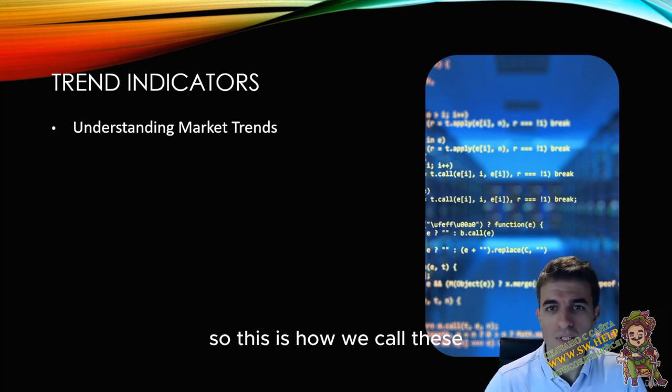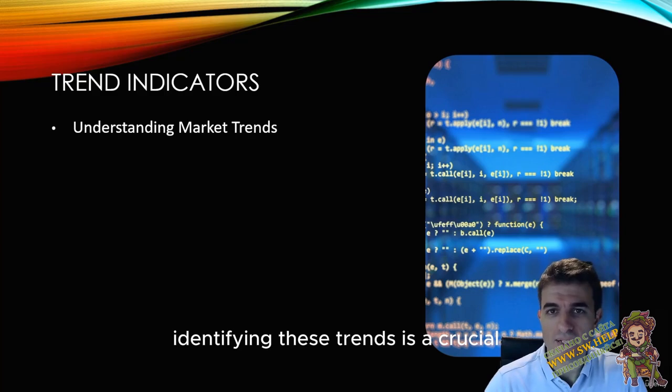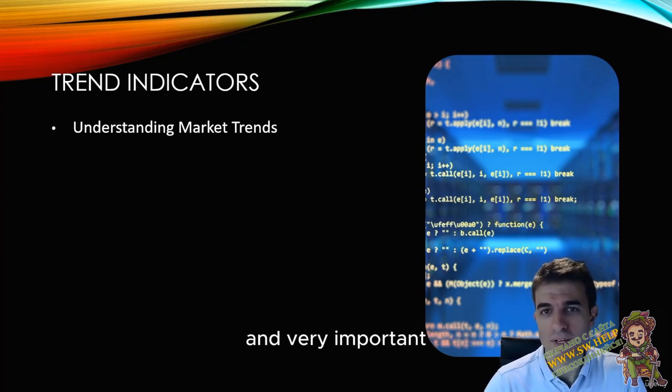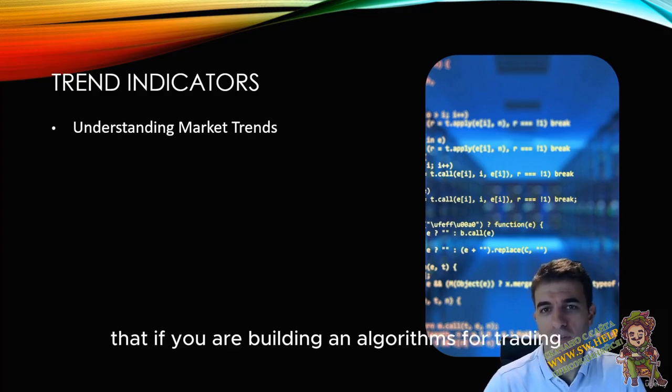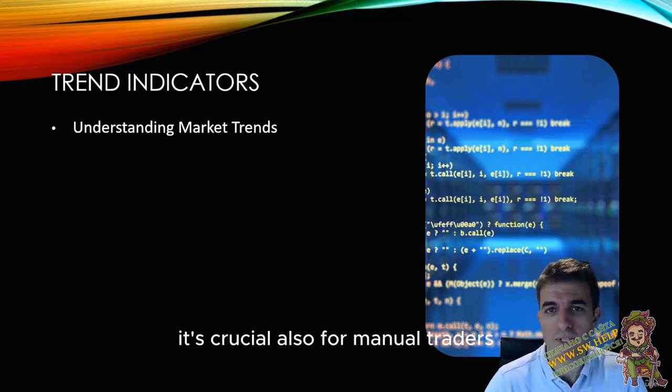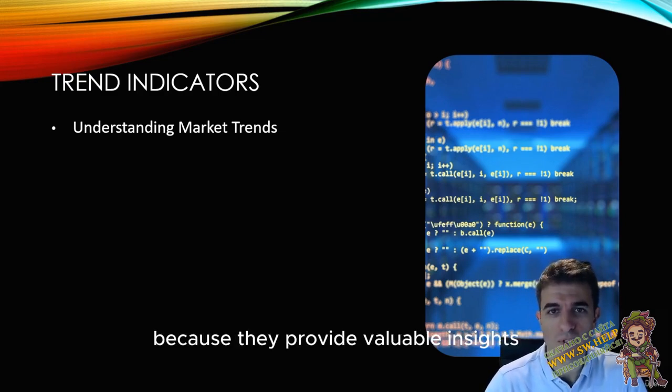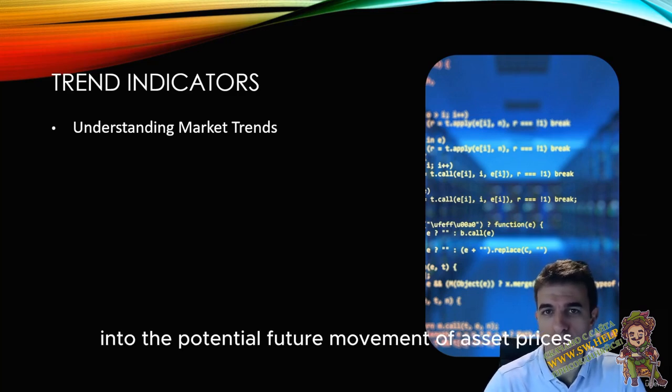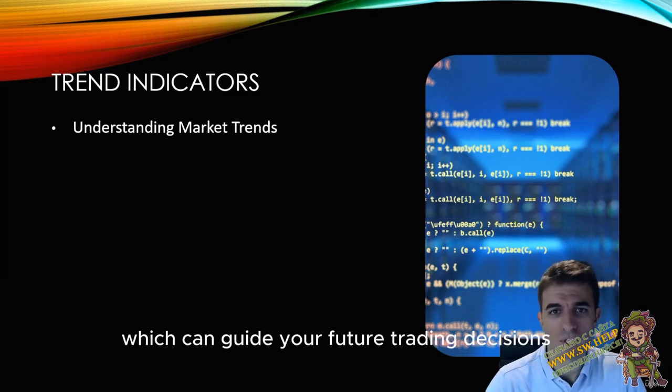So this is how we call them, the bull and the bear. Identifying these trends is a crucial and very important step if you are building algorithms for trading. It's crucial also for manual traders because trends provide valuable insights into the potential future movement of asset prices, which can guide your future trading decisions.